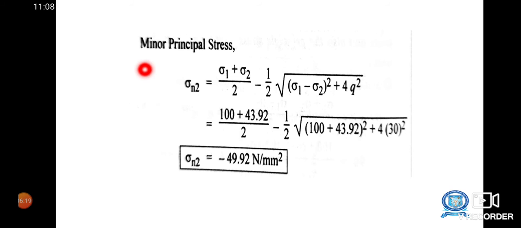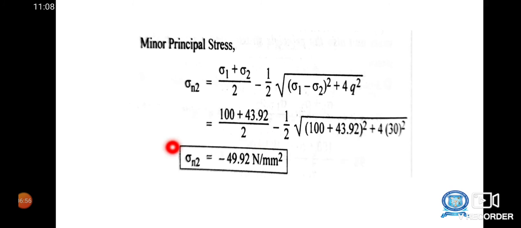Next we find out the minor principal stress. The formula is sigma n2 is equal to sigma 1 plus sigma 2 divided by 2 minus 1 by 2 root of sigma 1 minus sigma 2 whole square plus 4 q square. Applying the given and calculated values: 100 minus 43.92 divided by 2 minus 1 by 2 root of 100 plus 43.92 square plus 4 into 30 square.